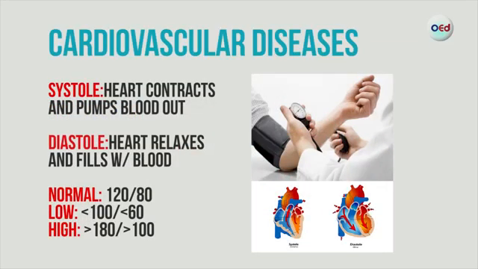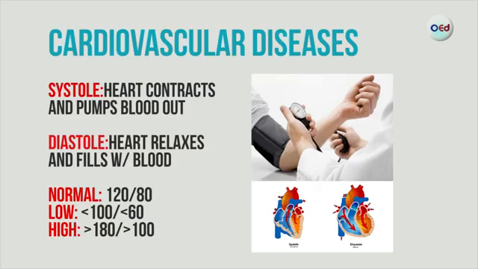The only way to detect this is to have your blood pressure regularly checked with the use of a sphygmomanometer, just like in this example. You can ask the help of a healthcare professional by visiting a healthcare clinic if you do not know how to get your blood pressure or you do not own a sphygmomanometer of your own.